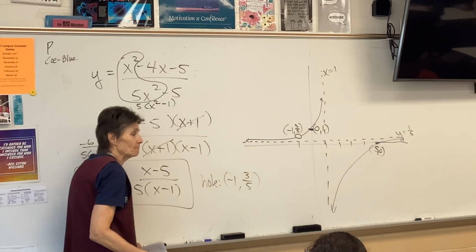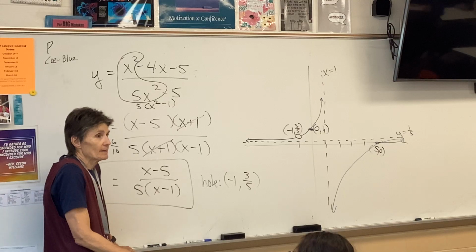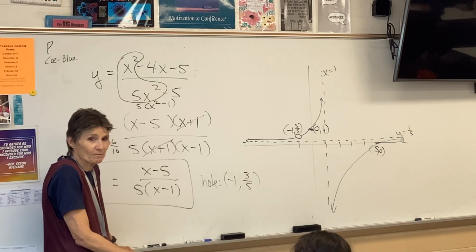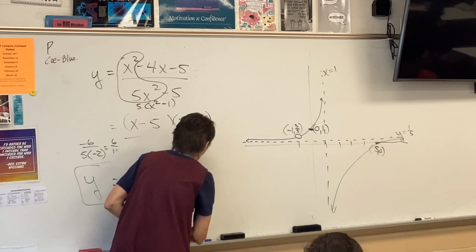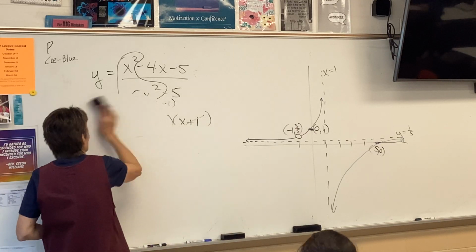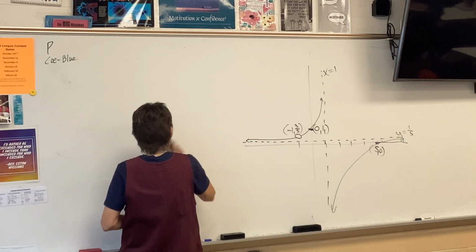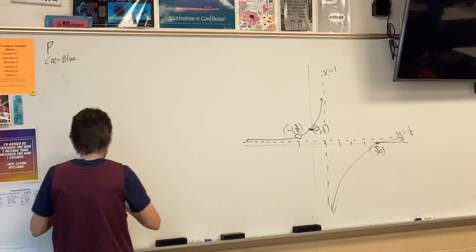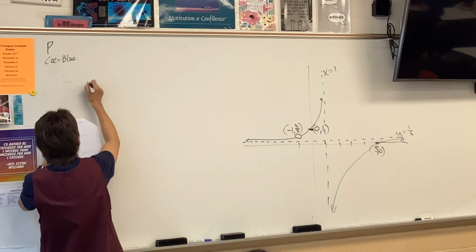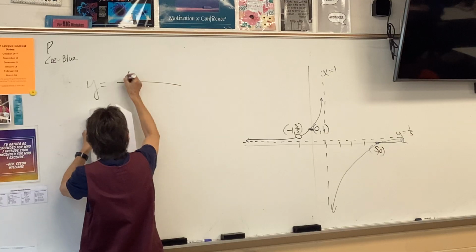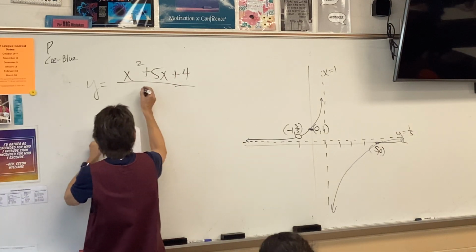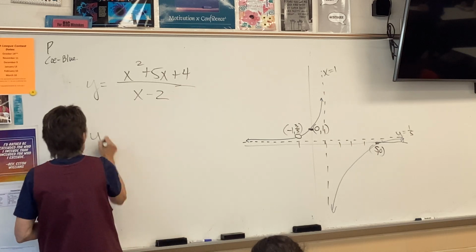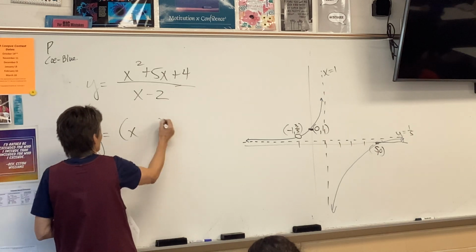All right. Kindergarten's over. Ready for the big time now. Take a look at the next one. Now, it starts the same way as all the others. So what do you think we're gonna do first? We're gonna factor anything that factors. So I guess it's just the top.